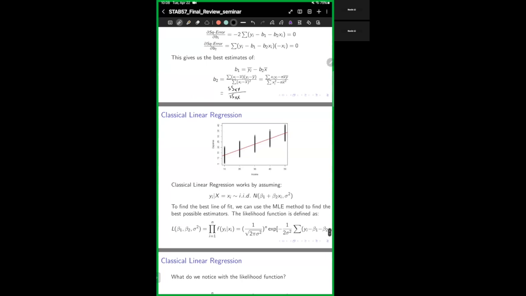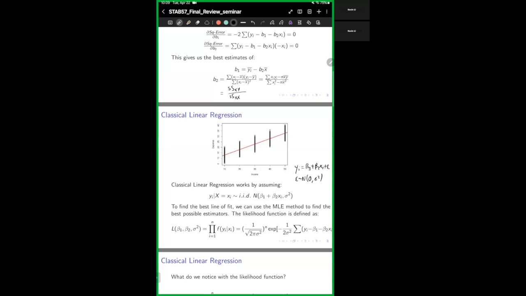Alternatively, you may also see it written as yi equals beta1 plus beta2 xi plus epsilon, where epsilon is the error, and this error is distributed normal with mean 0 and variance sigma squared. These are equivalent representations, since this one is just this one centered at mean 0.